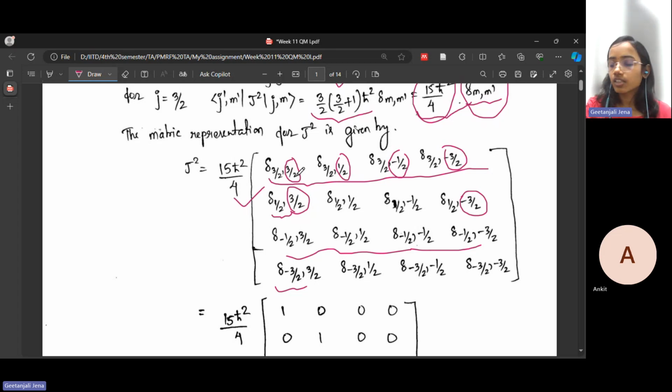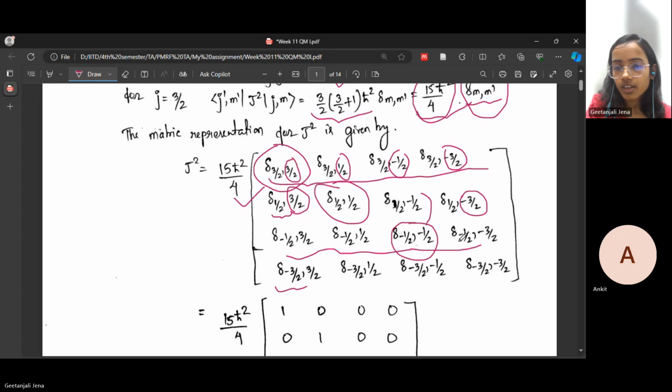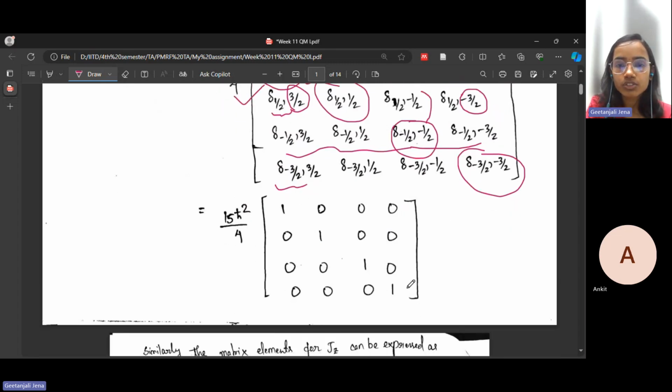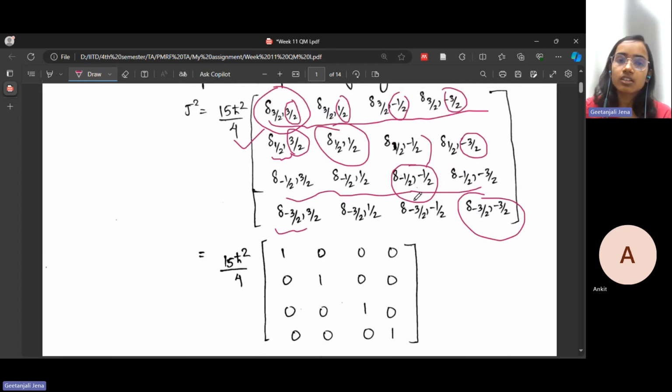Whenever they are equal, you will get a non-zero value, and whenever they are not equal, you will get zero. So you can observe that in the diagonal elements, m and m' are the same. That means only the diagonal elements are non-zero and the off-diagonal elements are zero. In this way, you can easily determine the matrix representing the J square operator.